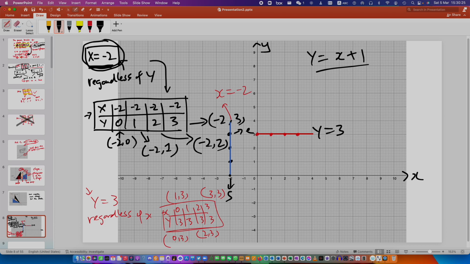How do you draw y equals 3? Give yourself a table. So, same thing. Give yourself an x and y table. What's the first value for x you want? 0. Next, 1, 2, 3. So when x is equal to 0, y equals to?